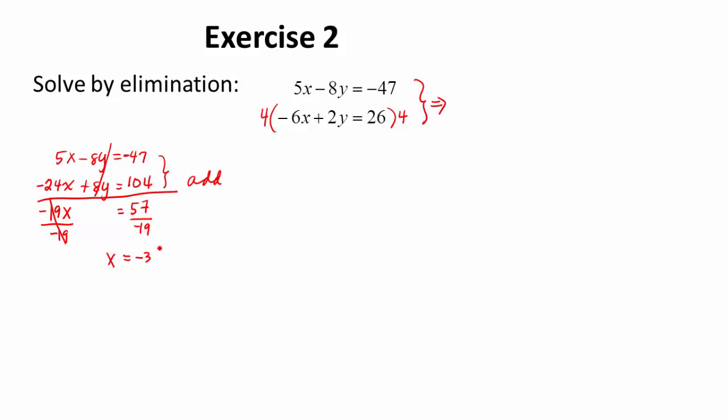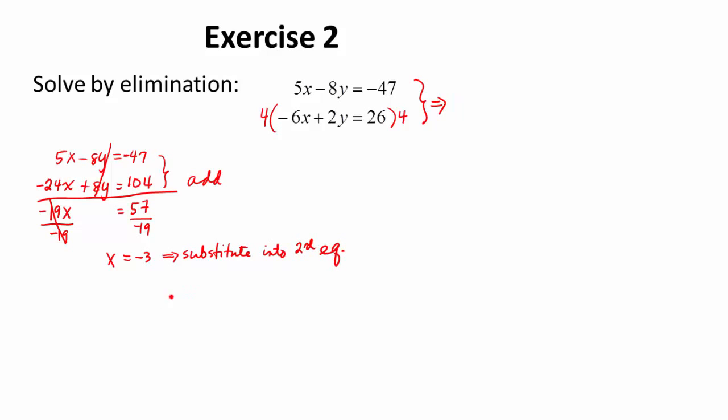And the next thing you could do is just combine it with substitution. Just plug in x equal to negative 3 into either of these two equations, then you can solve for y. Or another way is we eliminate x, and we get y. So I would suggest that we just substitute x into the second equation.